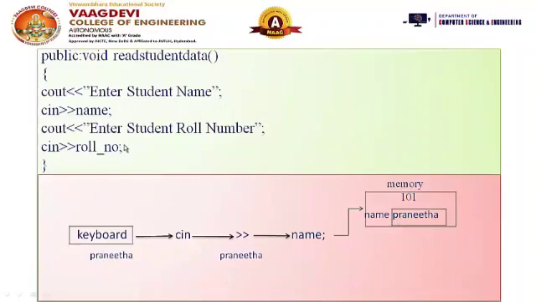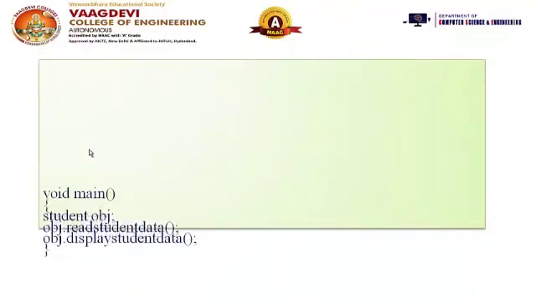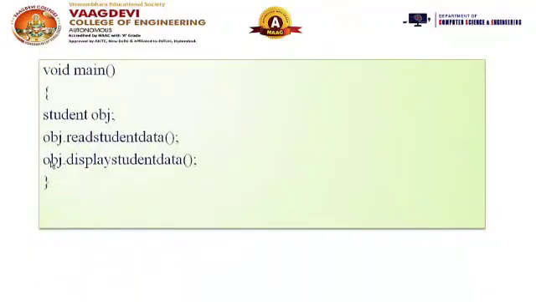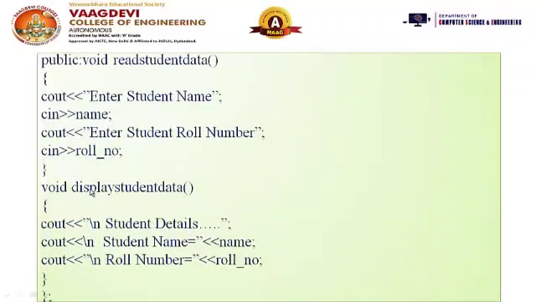After executing the read method, the control returns back to the main function. And in the next statement, obj.displayStudentData calls the display student data method in the student class. So, the display method is invoked using an object.